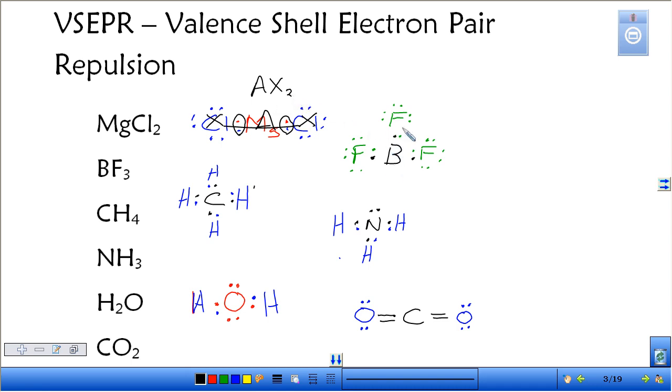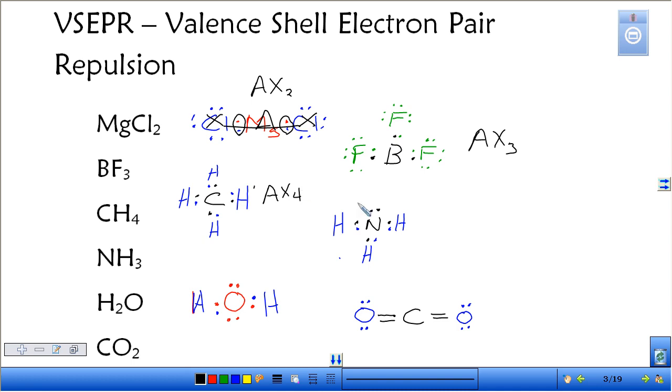Now if we look at boron trifluoride, boron would be represented by the A, with 3 X's tied to that. And if we go to methane, methane has 1 carbon and 4 hydrogens, so it's an AX4. For the most part, this works pretty well because all we're doing is describing the central atom and how many atoms are bonded to it.